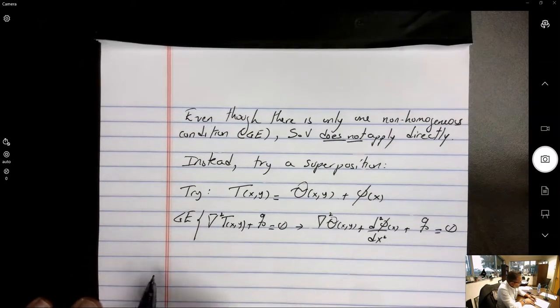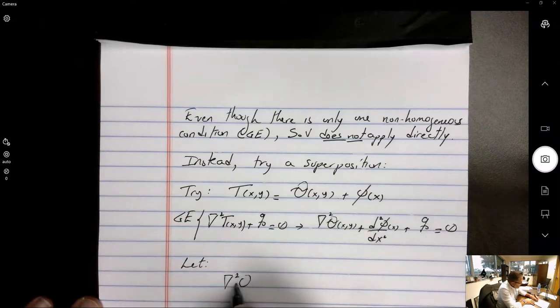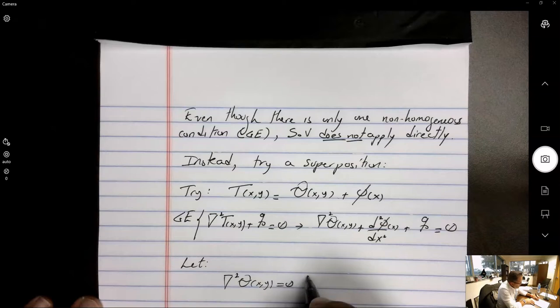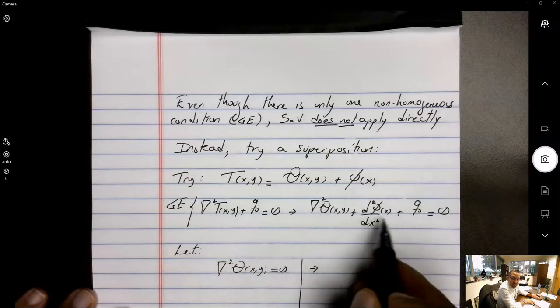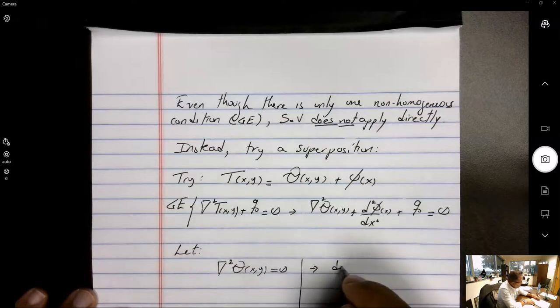And now I'm going to break this up into two. I'm going to let theta be just the Laplace equation. And then what's going to happen is that if I let theta be equal to 0, then this would just be equal to 0.